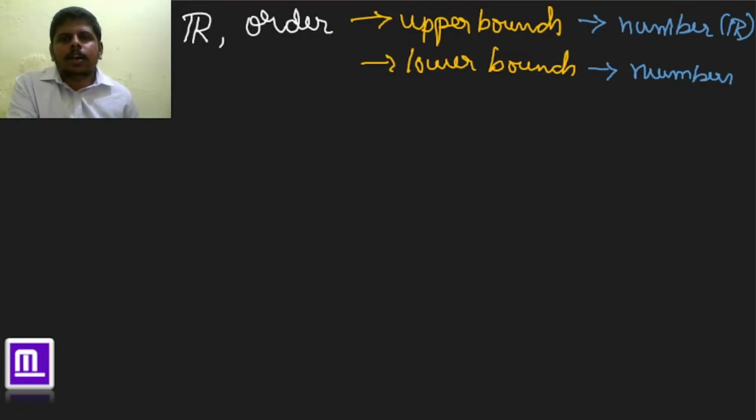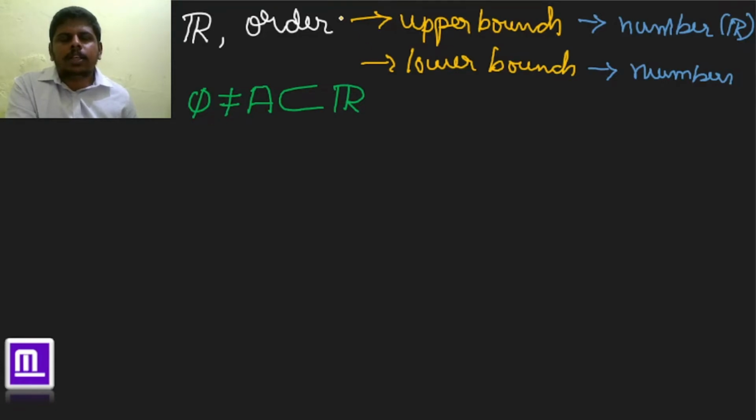Okay? Let's say we have a set A, which is not a null set, okay? With a null set, we cannot talk about upper bound and lower bound, and which is a subset of real numbers. Fine. Let's say it has an upper bound.